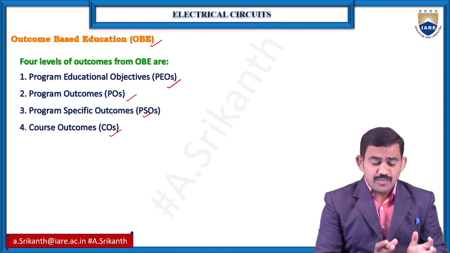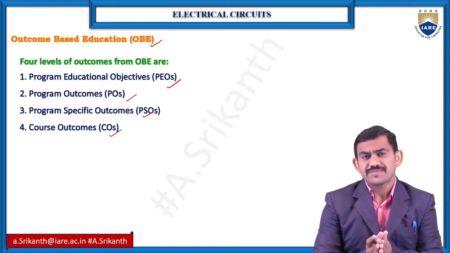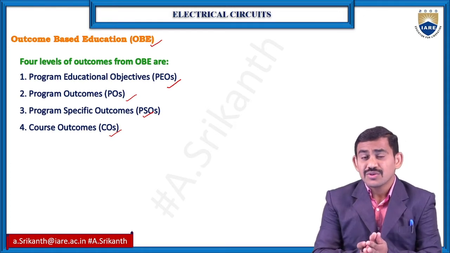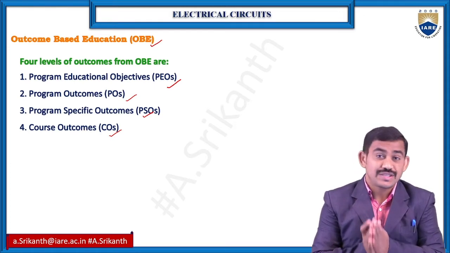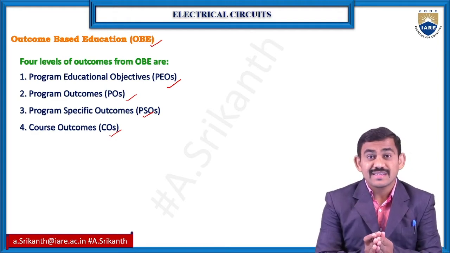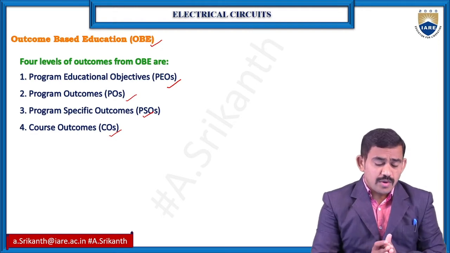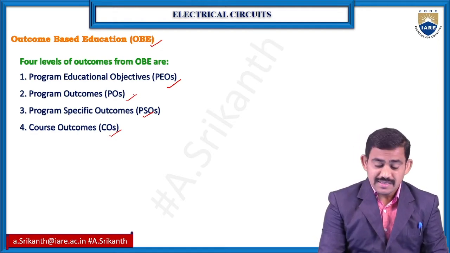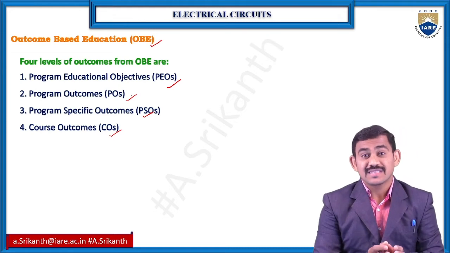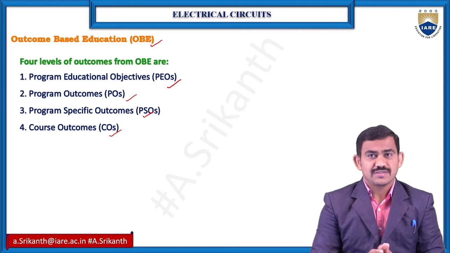First, program educational objectives. Program educational objectives are decided by the department HODs. For each department, they have different PEOs. Then the program outcomes are decided by NBA. NBA decides program outcomes for each college.